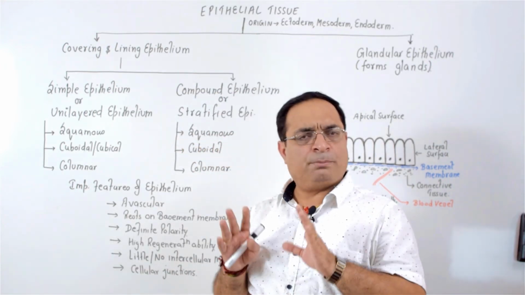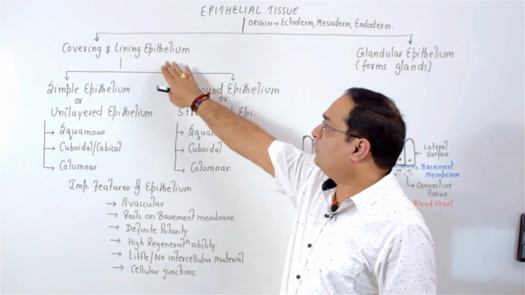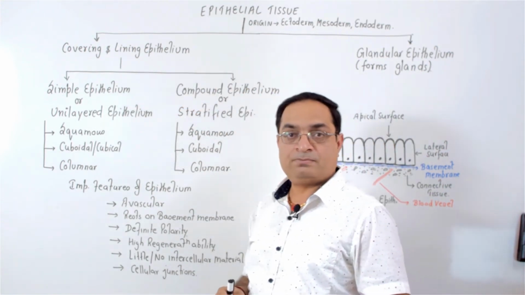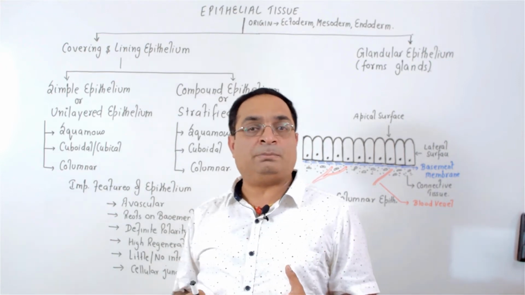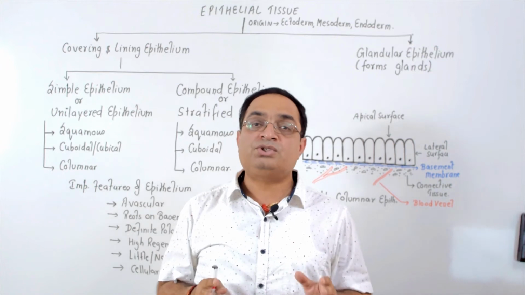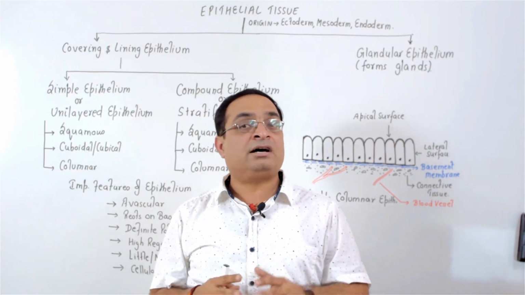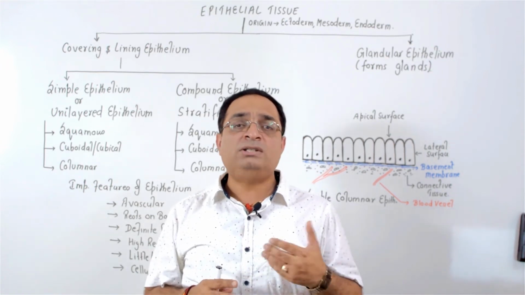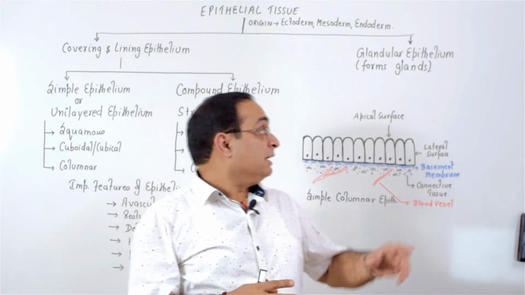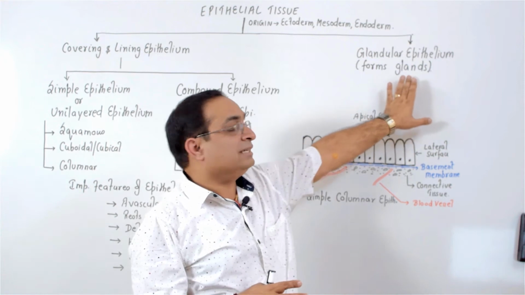Epithelial tissue we can broadly categorize into covering and lining epithelium and glandular epithelium. Now, when we say covering and lining epithelium, that means it forms the outermost covering of our body, that is the outermost layer of the skin, and also covers the exposed part of the eyeball. Glandular epithelium forms glands.